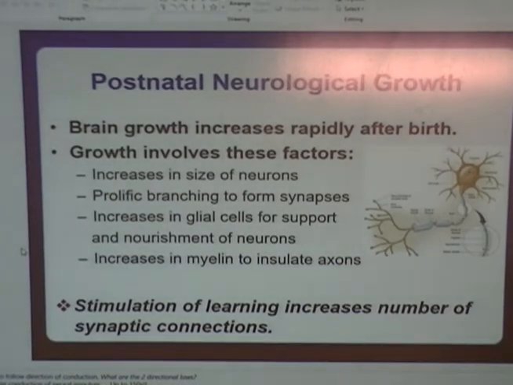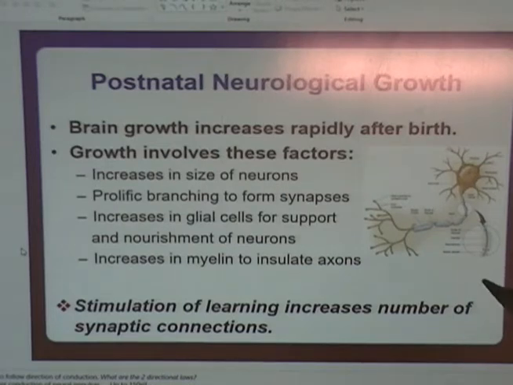After birth, so postnatally, we get this rapid growth in the brain, but that growth is not extra brain cells, right? It's not extra nerve cells in the brain. The growth is due to the wiring system, so the synapses that are being laid down so that different parts of the brain can talk to other areas of the brain.